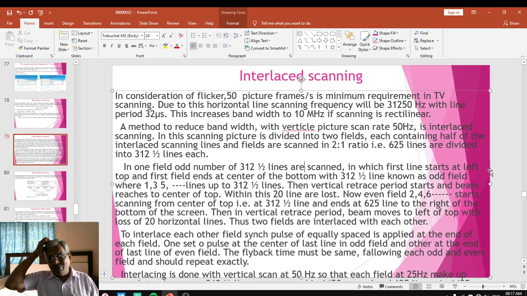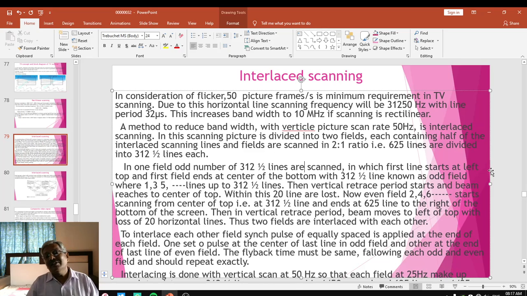After that, the vertical retrace period begins. The spot moves from the center of the bottom of the screen to the center of the top of the screen, within which 20 lines are lost. The even field begins from the center of the top of the screen and ends at the right of the bottom of the screen with the 625th line.